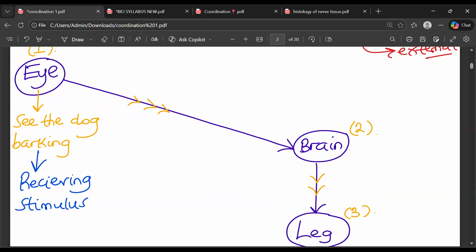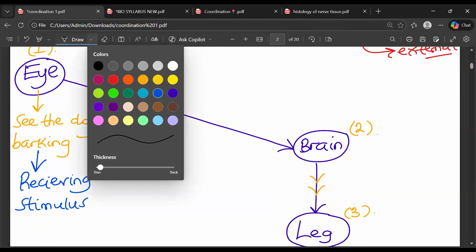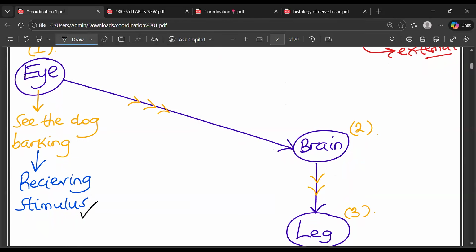You get the point? Now the question is, yes, we have accepted the eye has received the stimulus. How is this stimulus going to reach the brain? That should be your question. Are you getting it? That is one thing that really disturbs people.